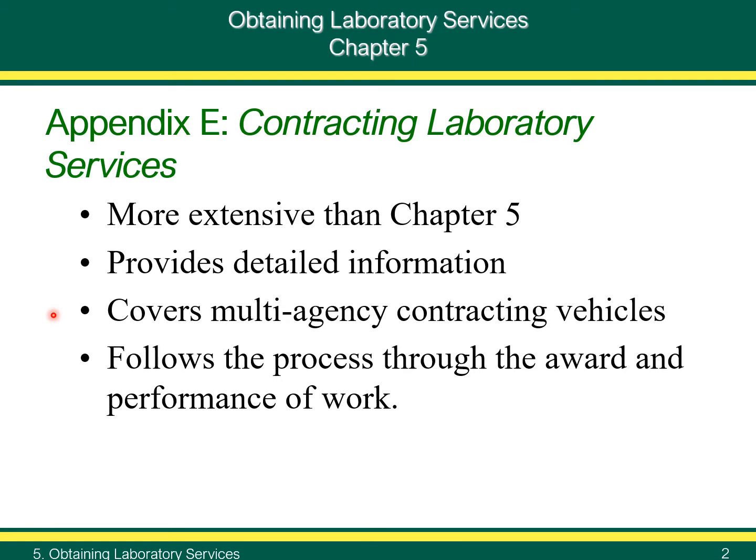This includes proposal requirements and the proposal evaluation and scoring procedures. Appendix E continues on to address the award of work. Important aspects of the work such as the duration of contract and period of performance, milestones, and finally contract completion are all addressed in Appendix E.